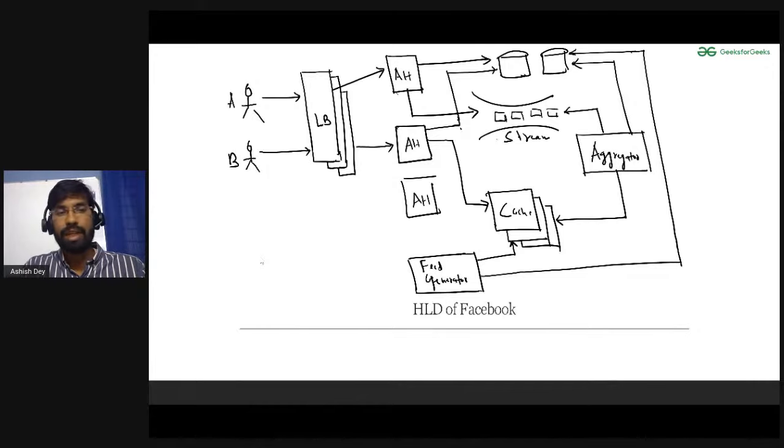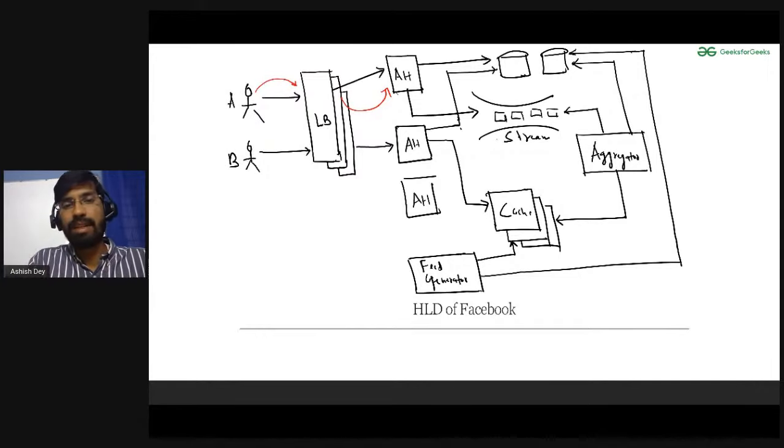Let's say we are talking about making a post. User A comes in, writes a post, and hits submit. It hits the load balancer, which routes it to the right application host, the one nearest to the user, or best for user A. Then from the application host, the very first thing, as I said, is that our system has to be reliable.